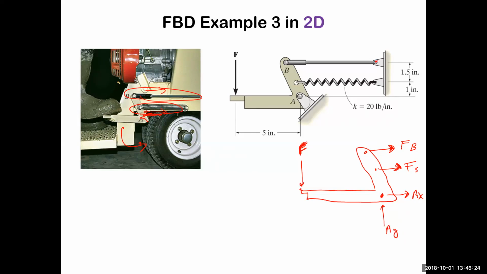Another thing that's going to come up from time to time is something called a two-force member. A two-force member is a member that has forces acting on it at only 2 points. So this cable here would be considered a two-force member. If this bracket is feeling a pull at FB to the right, what is this cable feeling at point B?